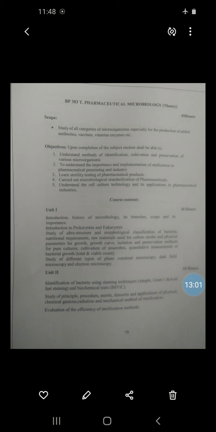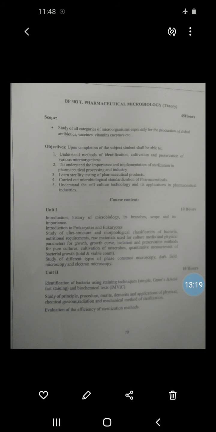Then, another merit: it is compatible with temperature sensitive materials such as pharmaceuticals and biological samples. Next merit, chemical independence. No volatile or toxic chemicals are needed.